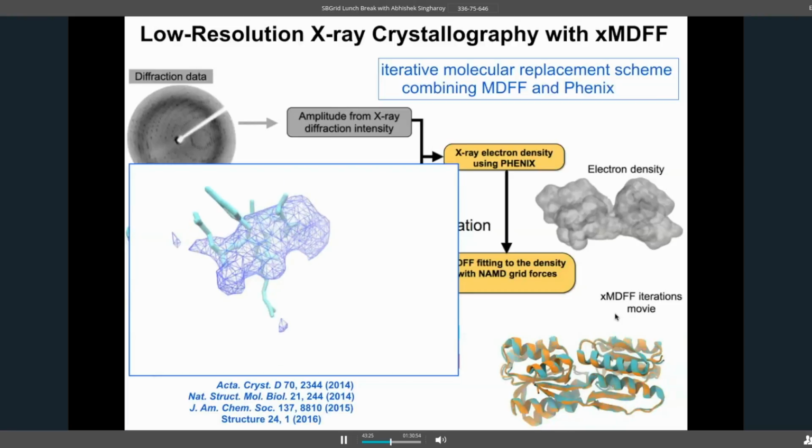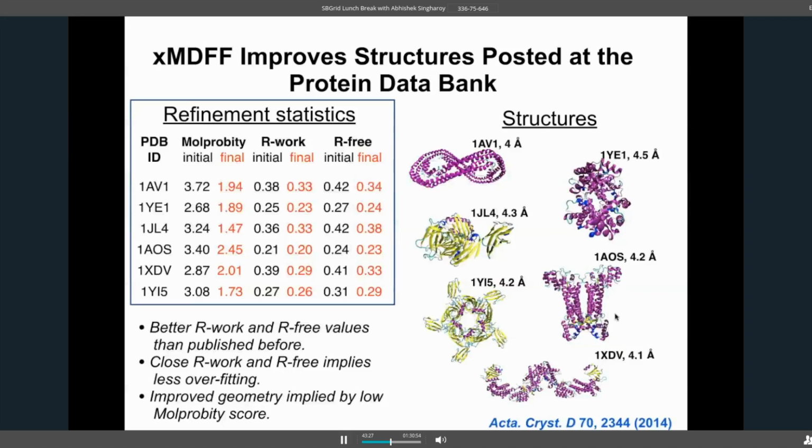So that's the philosophy. Now with this kind of technique, one can go in and start doing some test cases. So what we did was we picked some low resolution cases from the Protein Data Bank, and then we started refining them. And what you see is that we managed to get better results for these set of 6 proteins, both in terms of MolProbity scores and as well as R work and R free.